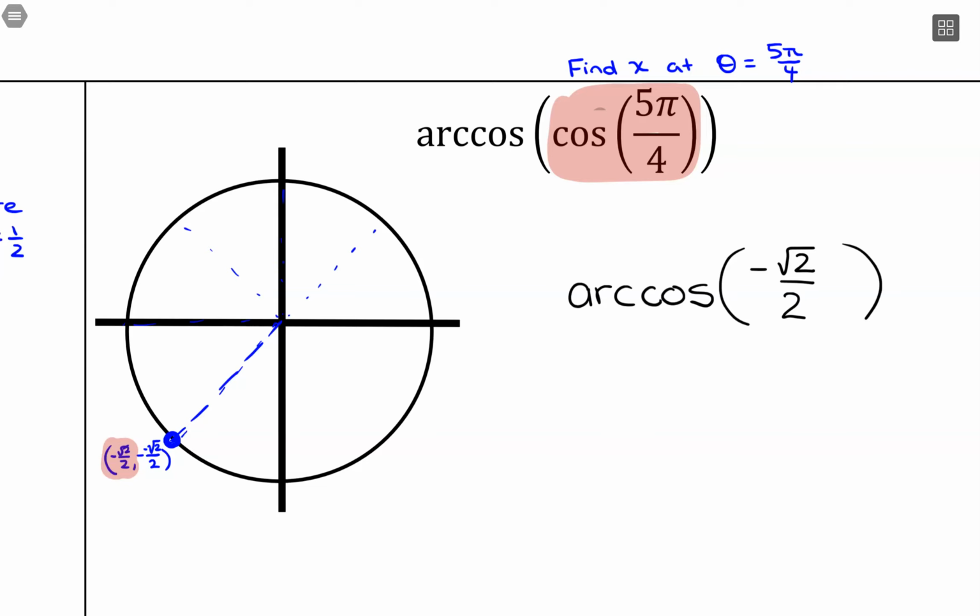Now, when we go to this inverse cosine function, this is where it fell apart. This is where we didn't get that nice lining up where we could just have that solution of 5 pi over 4, because inverse cosine has to be between 0 and pi. So what we did here is we went outside of that domain, which we can do, we just need to get back into that section.